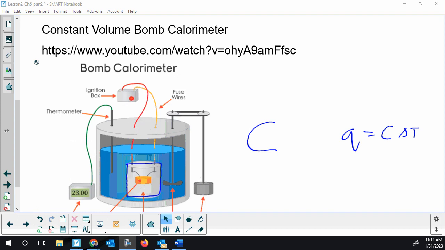Next lesson starts entropy. We're going to look at chaos or disorder. Disorder is a better term to think of in chemical reactions. What circumstances lead to more or less disorder? And we'll dive into the true answer of what the second law of thermodynamics is, which connects to disorder of the universe.